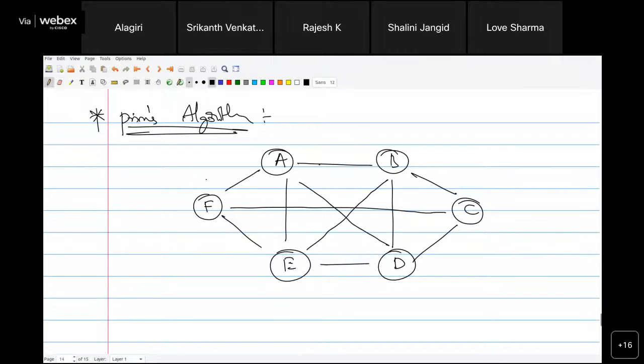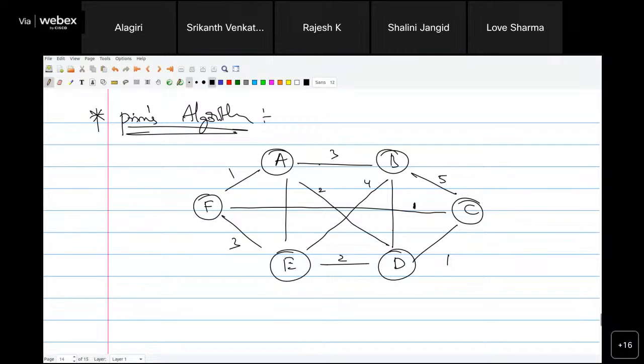Okay, like this. So let me give this weight is 1, 2, and this weight is 2, 4, 3, 3, 5.